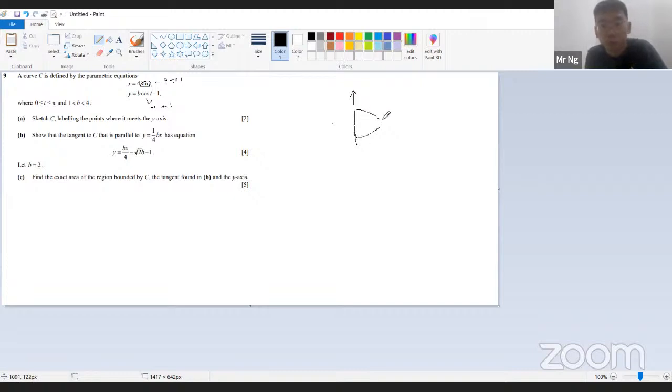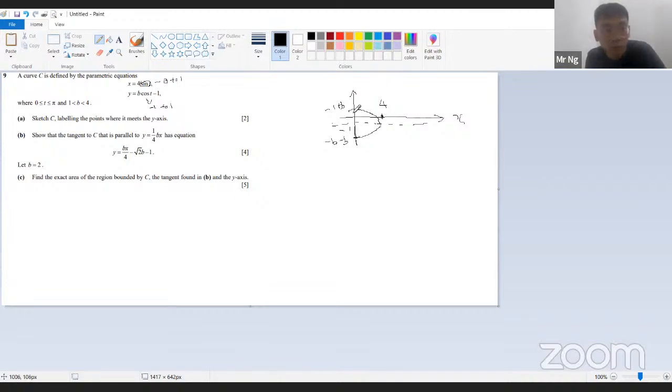This is my minus 1, then this is my x-axis. So here will be minus 1 plus b, here will be minus 1 minus b, then here the maximum for x is 4.